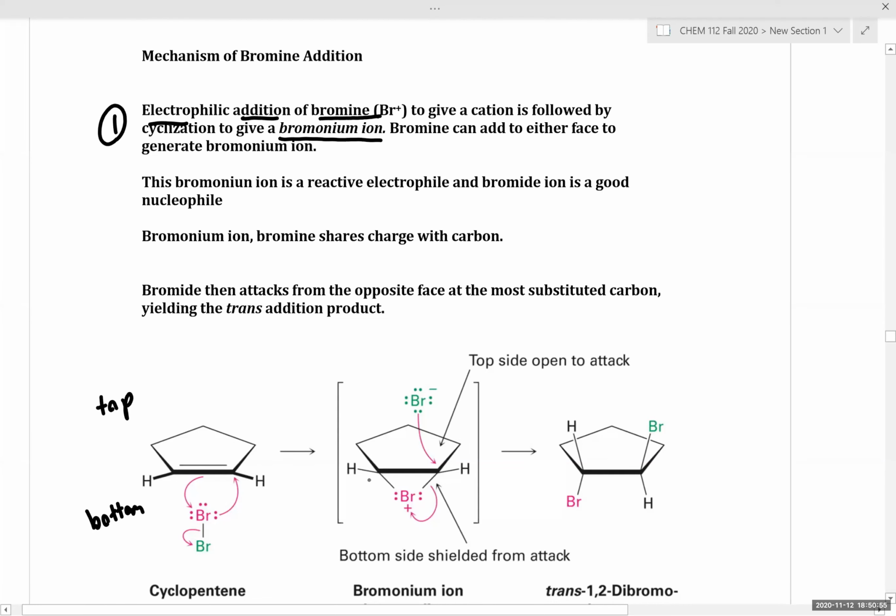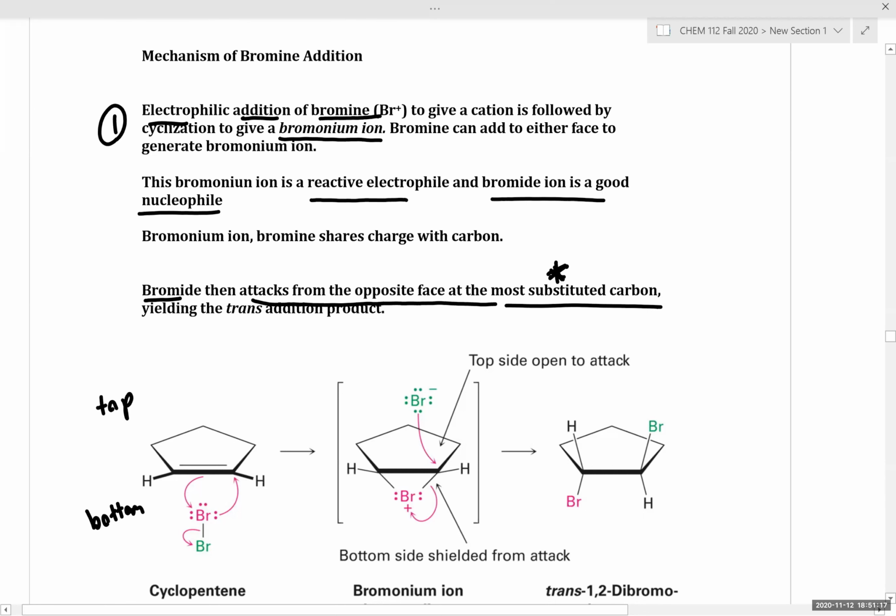bromonium ion formation step. Now, the bromonium ion is a pretty reactive electrophile, and the bromide ion is a good nucleophile. So in turn, bromide is going to attack from the opposite face at the most substituted carbon.